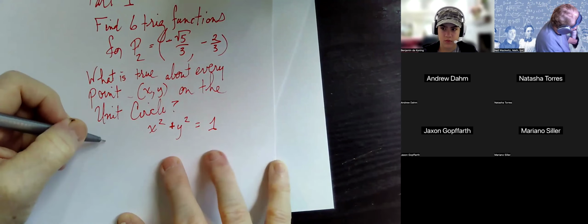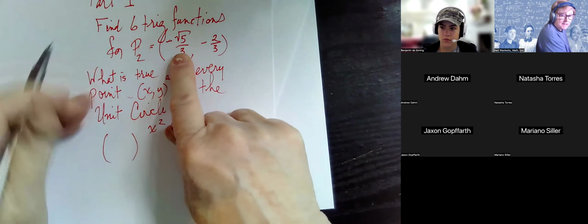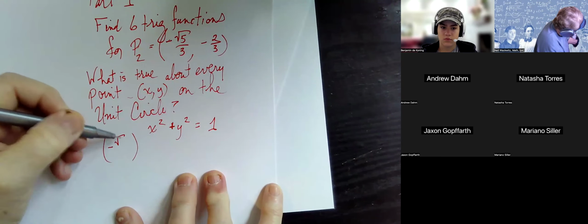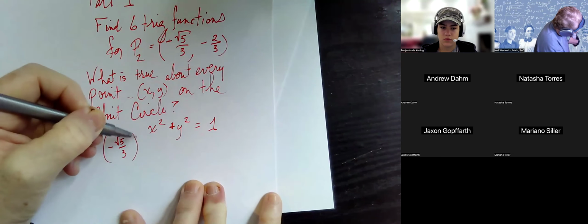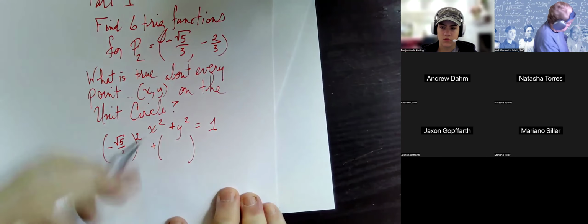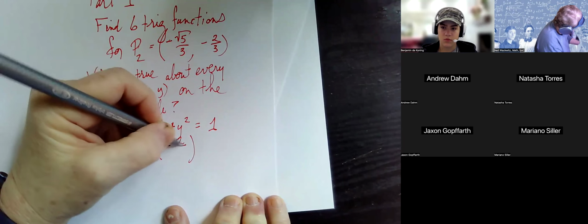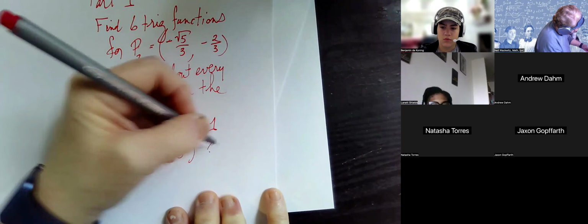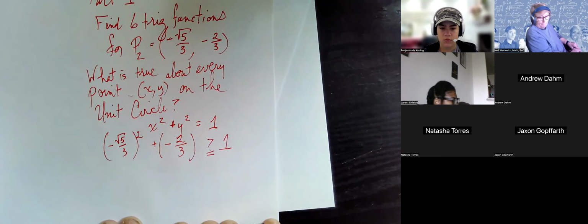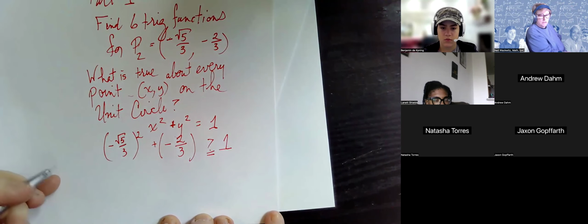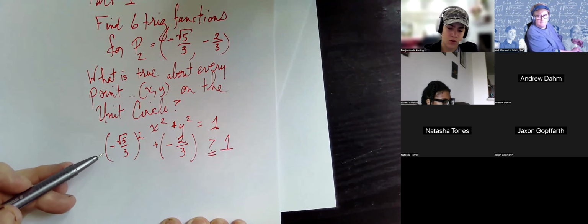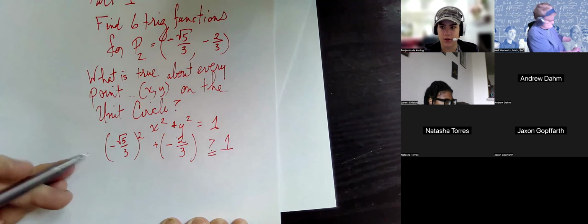Okay. So we've got x is negative root 5 over 3. y is negative 2 over 3. And we wonder, does it really equal 1? So how do you square negative root 5 over 3? You square the numerator and denominator.